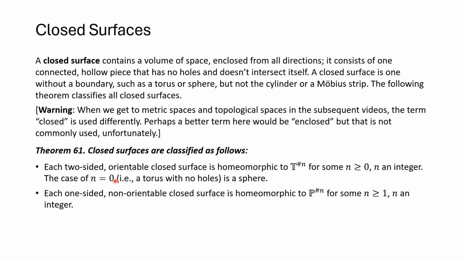And if you take the case n equals 0, which we also mentioned before, you don't have a torus, but you have a sphere, and that can be included in this notation. So if you have a two-sided orientable closed surface, it's 0 or more tori connected together.